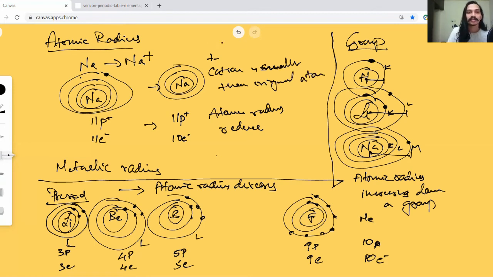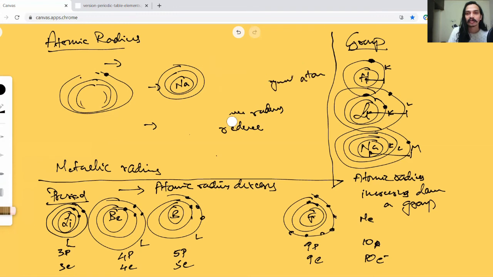This is the exact opposite for anions. An anion is created whenever something gains an electron, right? As opposed to sodium, we have chlorine, which is an example of something that can become an anion. So I'll take the same method with chlorine. If you can do it on your own, that will be excellent.